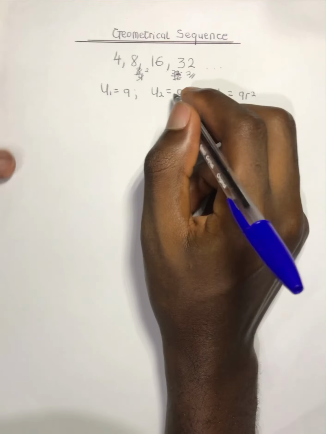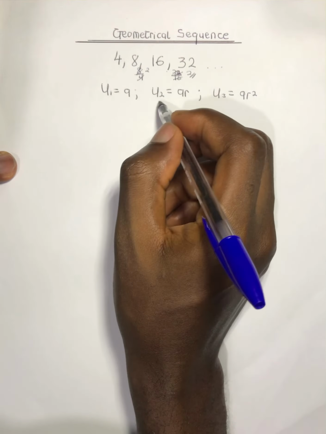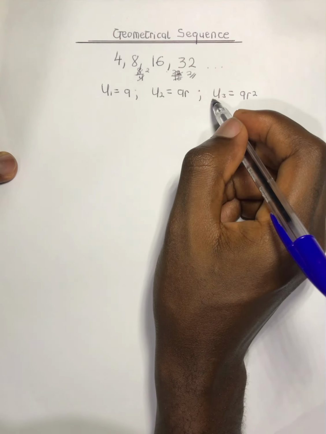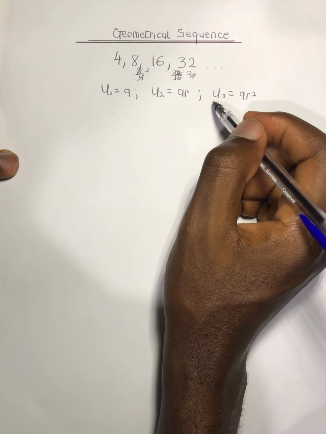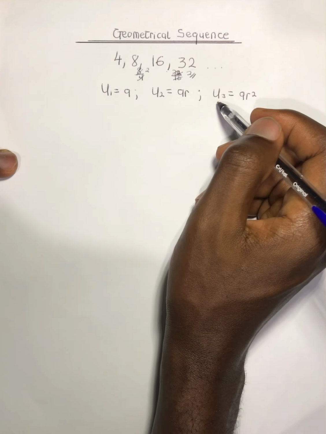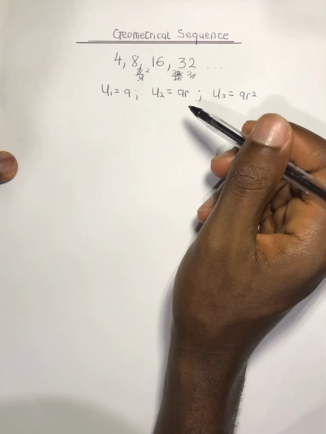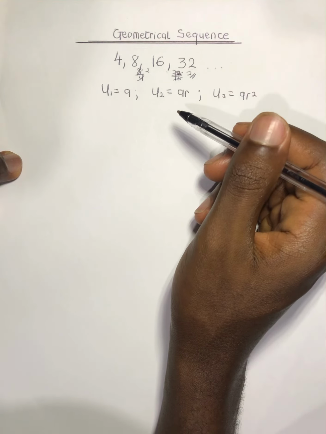Now, taking our second example, we have our first term to be A, second term to be AR, and third term to be, of course, AR squared. The question we ask ourselves is: how can we find any term which we are asked to find, whether being the first, second, or third term?